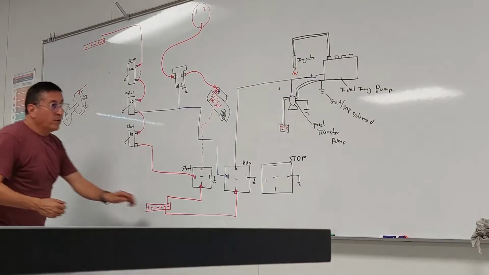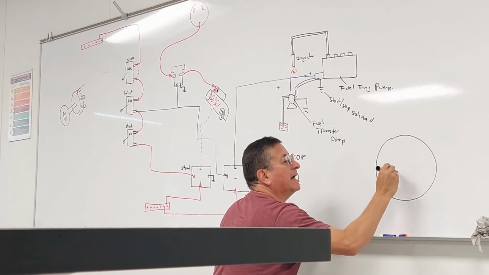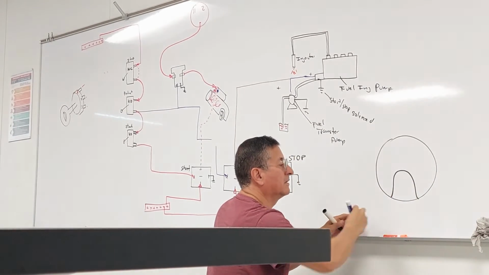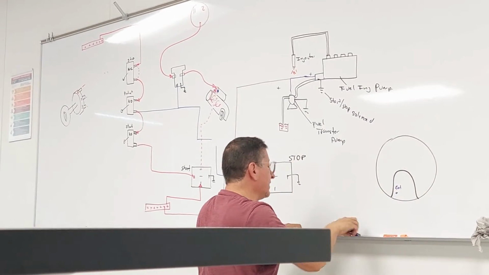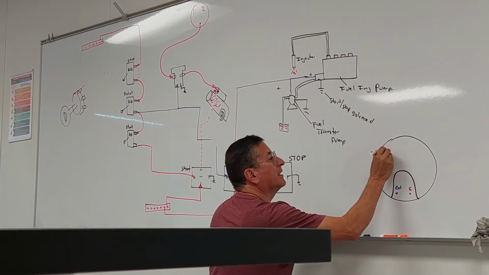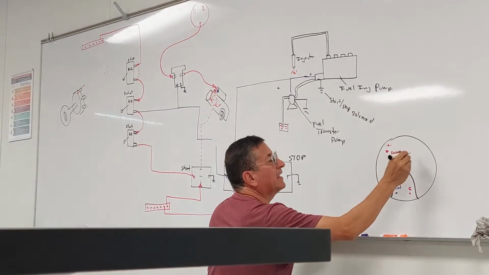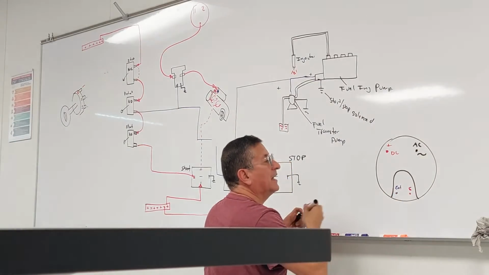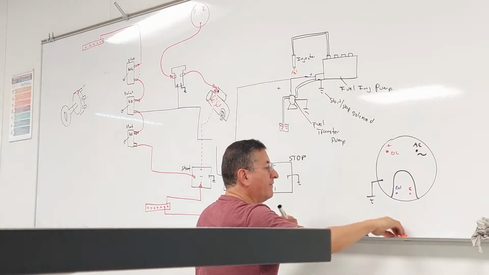Good? Okay. We are going to install here the alternator. You remember? Guys, you have here excitation, and you have here sense, and you have here positive output DC, and you have here output AC, and you have here ground, and you have here the light.